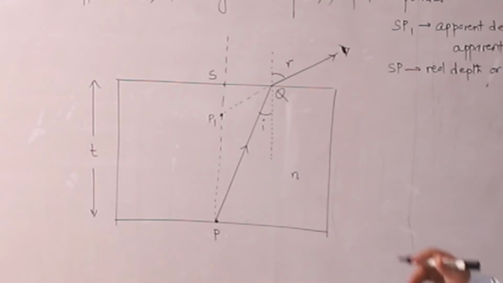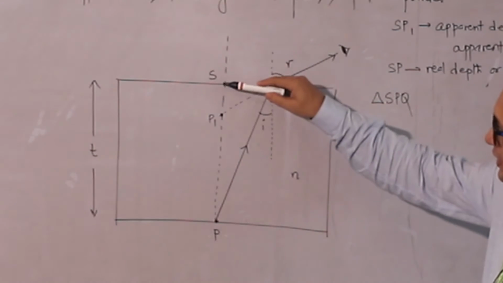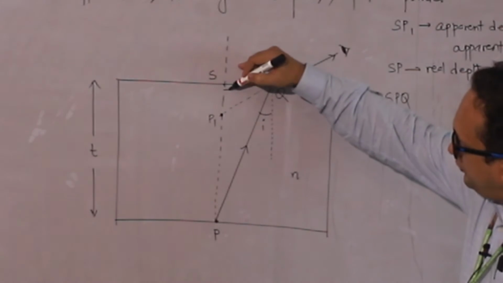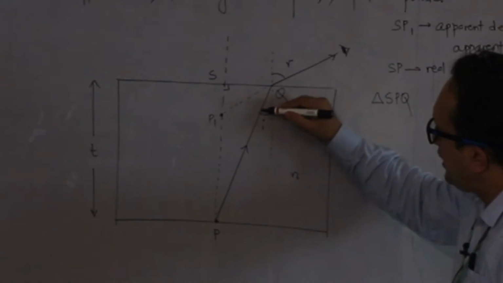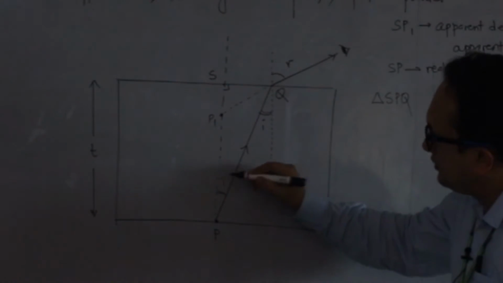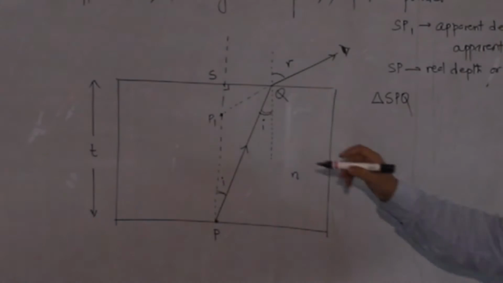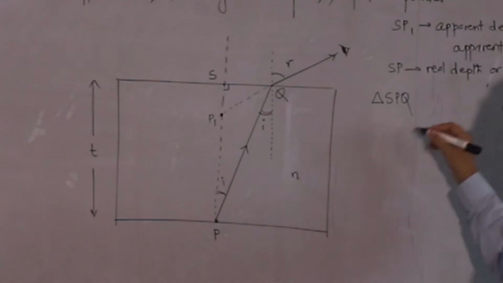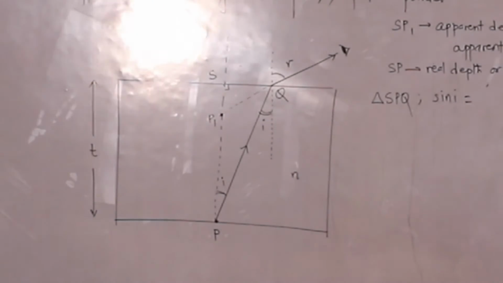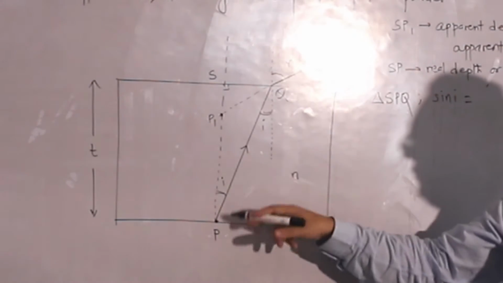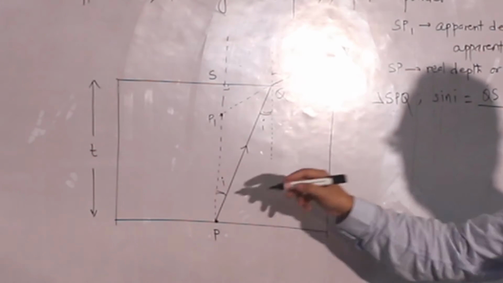If you look at the triangle SPQ, of course this is a right angle triangle, if this angle is I, this angle is also I. So in triangle SPQ, sine of I is perpendicular by hypotenuse, so it is QS divided by PQ.